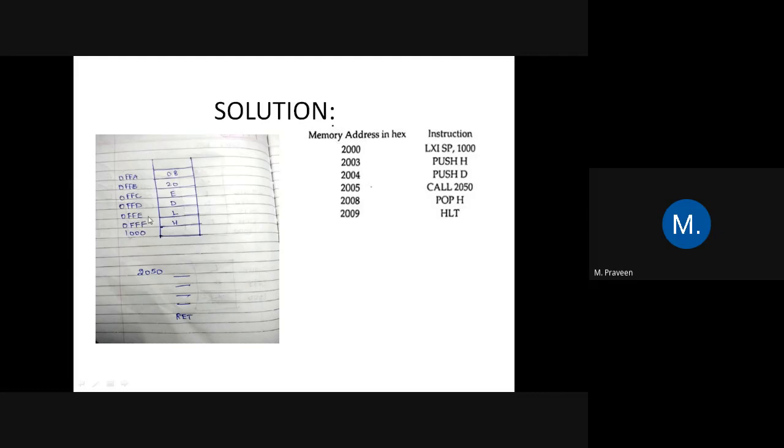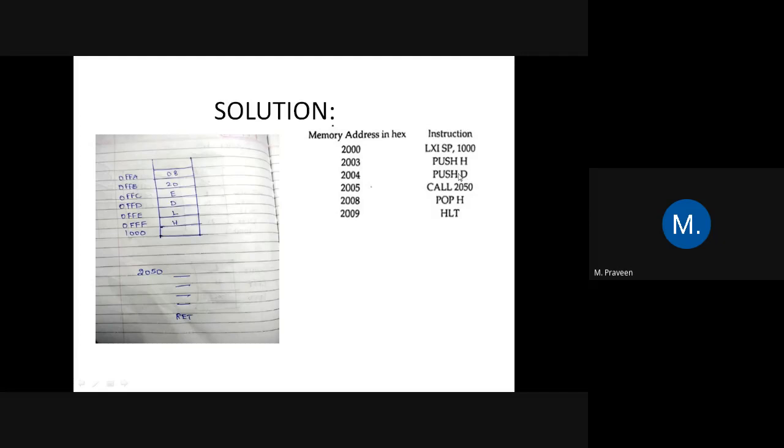Then at address 2004, the instruction is push D. Push D is the same as push H, that is, moving the data of DE.